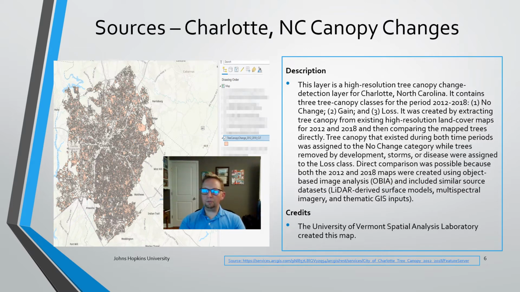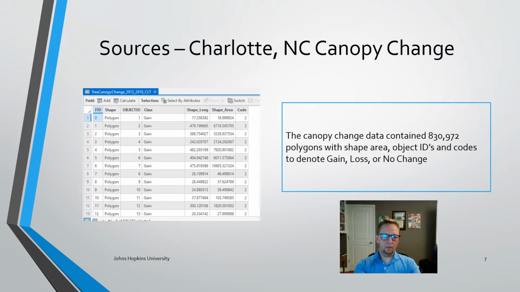It was quite extensive, as they ended up using LiDAR-derived surface models, multispectral imagery, and thematic GIS inputs to create a very extensive data set. This data set contained over 830,000 polygons with shape areas, object IDs, and a code to denote either gain, loss, or no change to the canopy area.